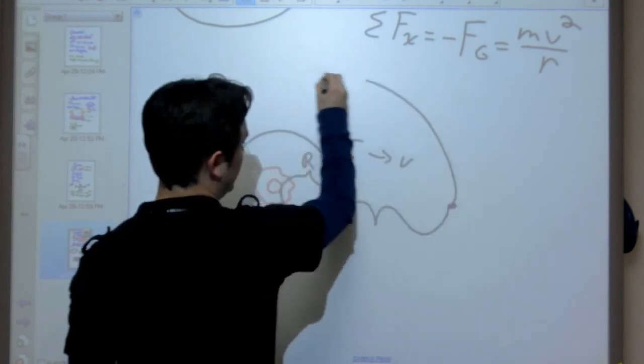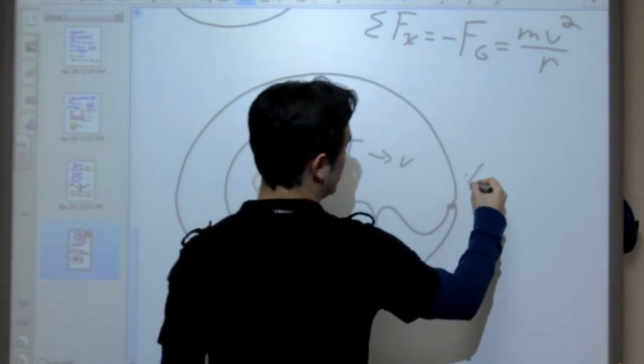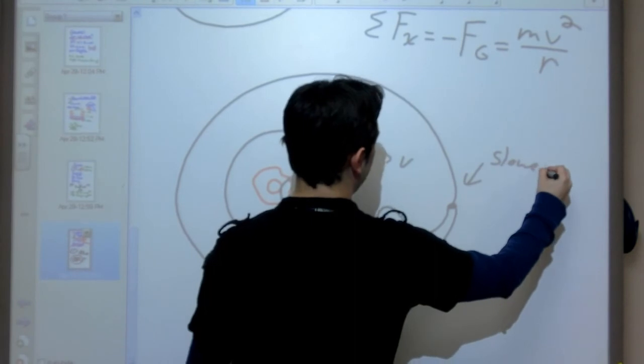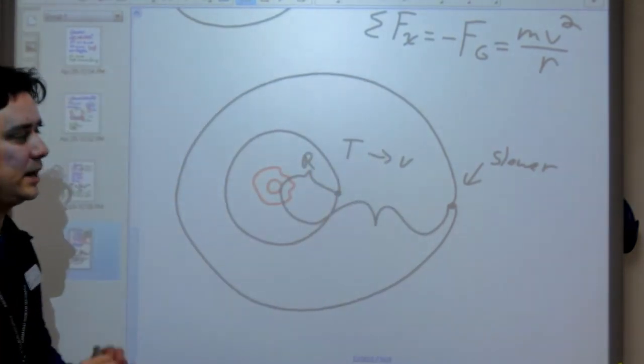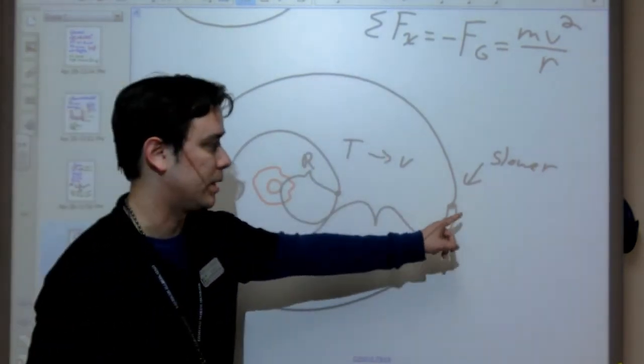So if I have it moving out here, it's going to move much slower. This is completely independent of the mass of your orbiting body.